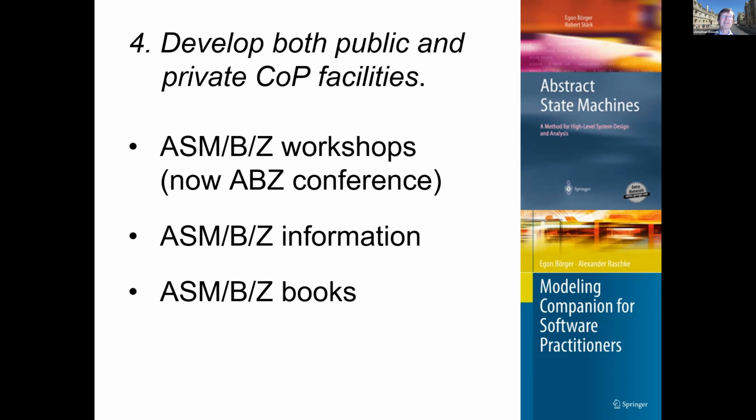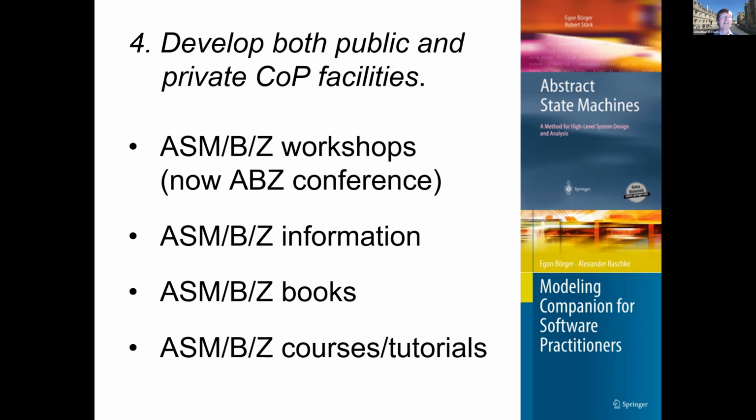But I remember doing a comparison with Java, and there are probably over 1,000 books on Java. So that gives you an idea of scale. Formal methods is still fairly niche, but important in areas like safety and security critical areas. And you need courses and tutorials. There still are industrial courses for Z if people are using Z for projects.